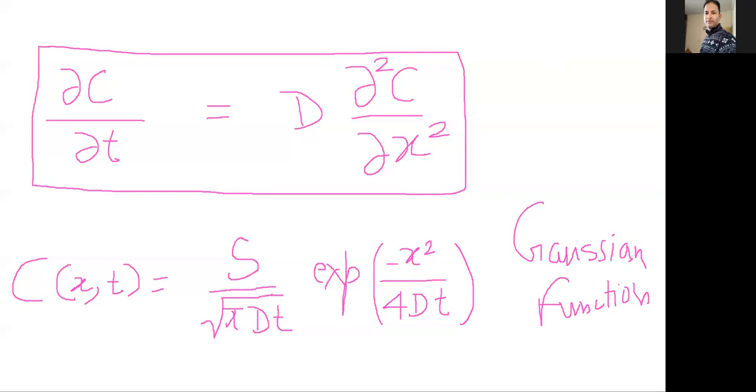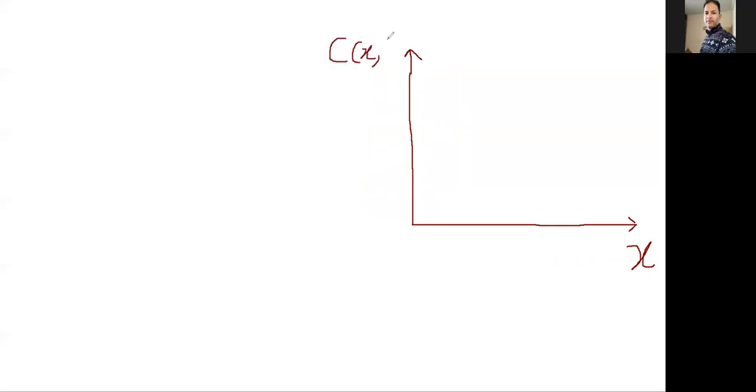If we were to draw this dopant profile, this is depth x, and on the y-axis we plot C of x comma t.